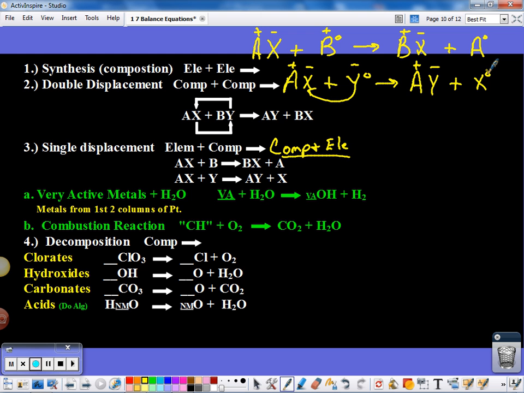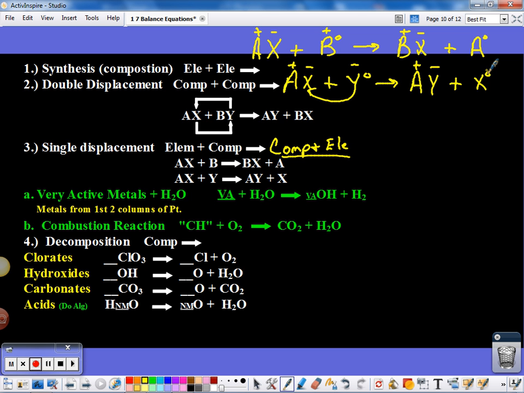So we'll be on page 1. This is to help you remember that these are very active. Now we watched videos of these very active metals reacting with water. You remember first semester. And some of them were explosive.